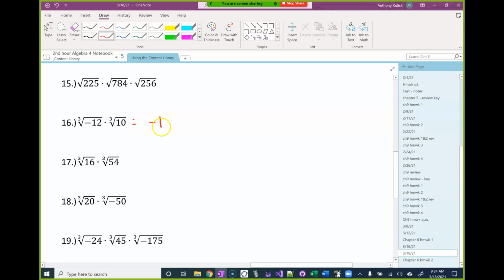So I have -1, and then 12 is 2 squared times 3, and then 10 is 2 times 5. Okay there? Yes. And if I look, I have 1, 2, 3 2's. So that can come out along with the -1. And I'm left underneath with 3 times 5, or 15.